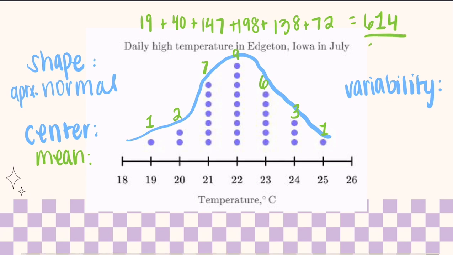So I'm going to take 614 and divide it by 29, and I got approximately 21.17. I'm just going to round to the hundredth.